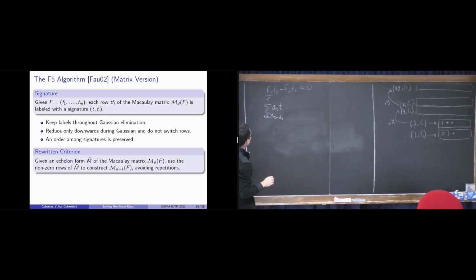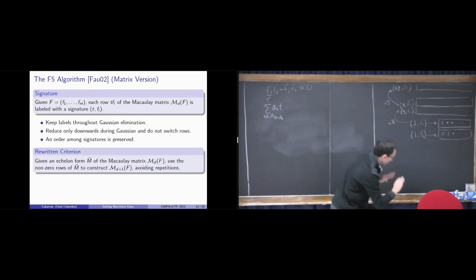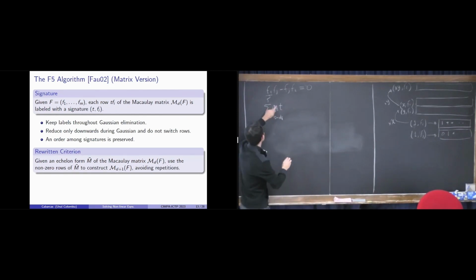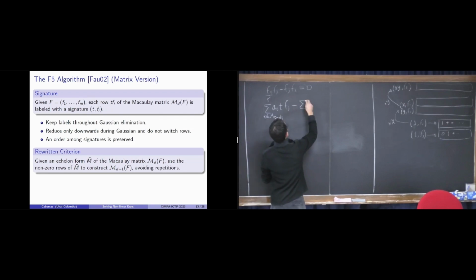I will talk about this later. But let's say this Fi is some polynomial, the sum of a_t times t for some set of monomials, and we're multiplying by Fj, and then we are subtracting the sum for Fj.